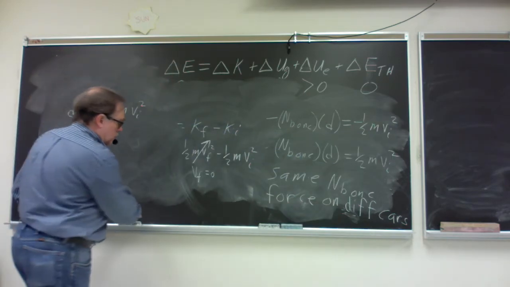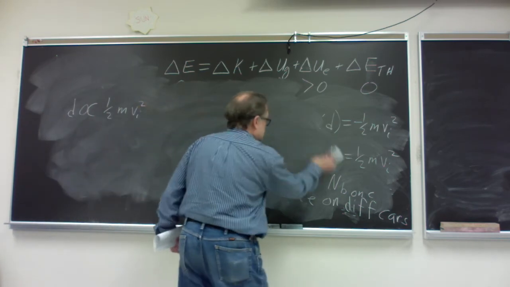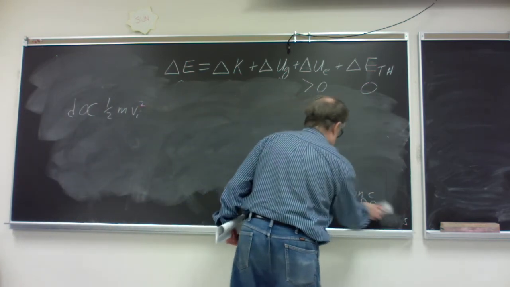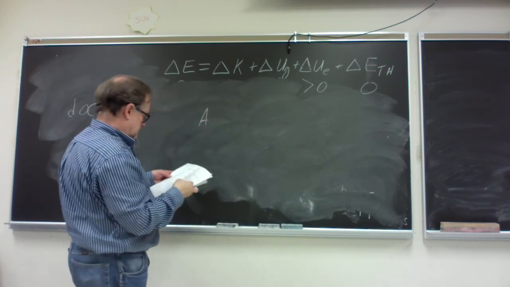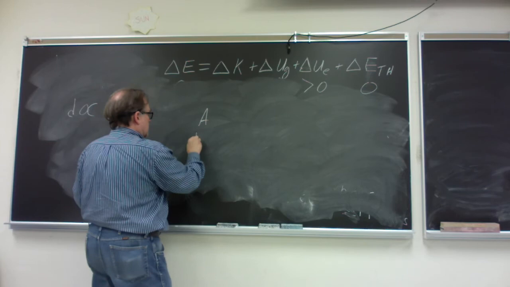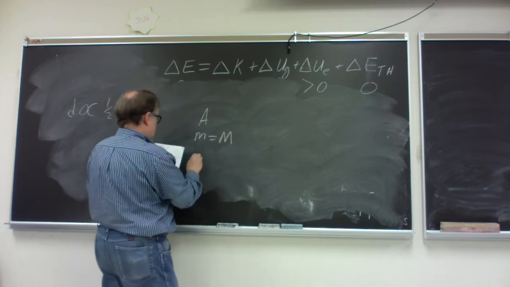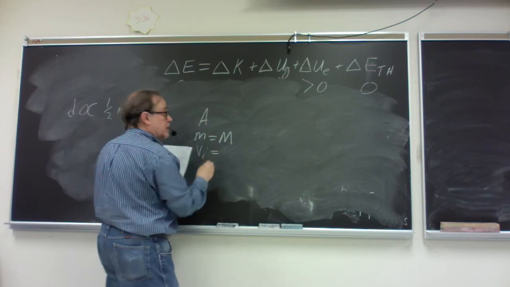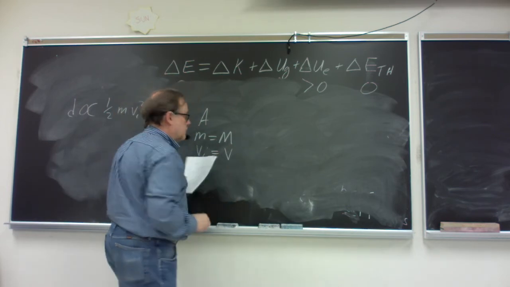So let's say our four cars look like this. Car A has a mass that we'll call just plain m, and an initial velocity at the moment it hits the barrier that we'll call just plain v.